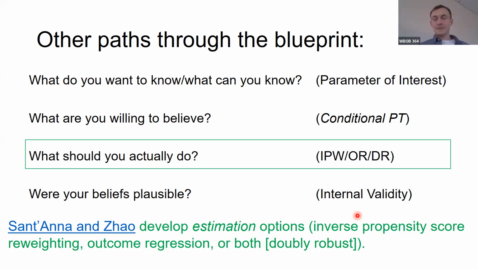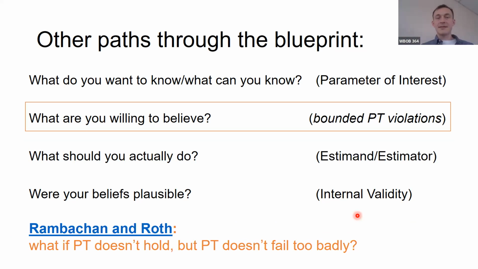And then another way to deal with this is to say, okay, well, maybe I don't have covariates that are going to fix this up, but rather than saying parallel trends exactly holds, which if we look deep within ourselves, we all know it doesn't exactly. It's close enough, and I think we want to get as close as we can, but it's never exact. You can just say, okay, but what if I do something weaker in a different way and say, what if it doesn't fail too badly?